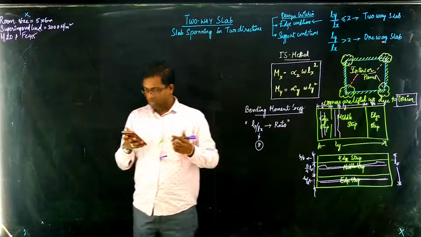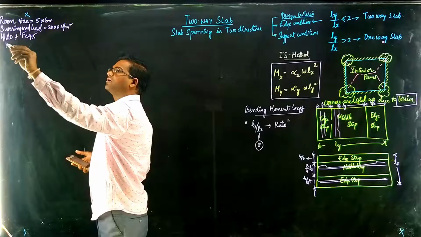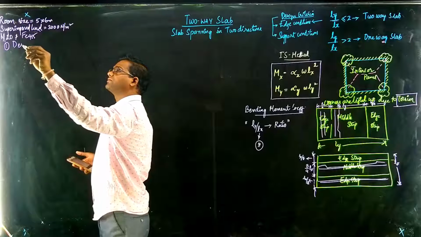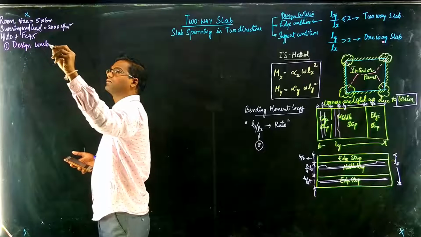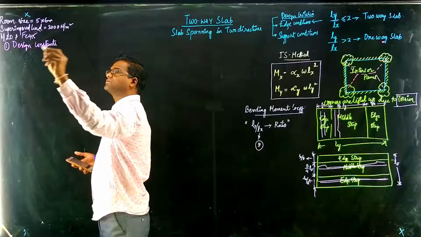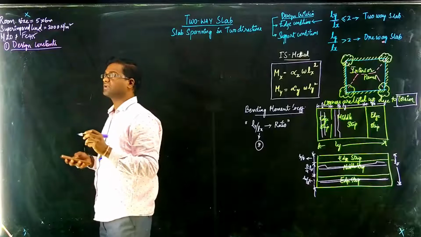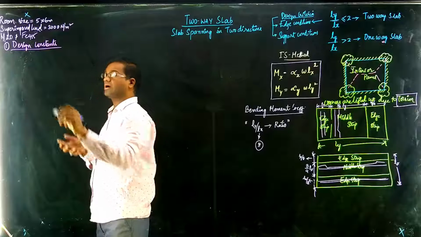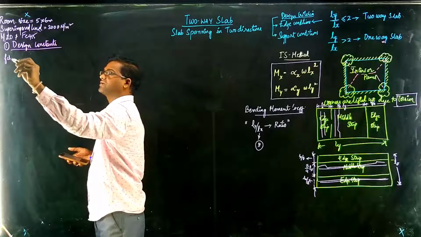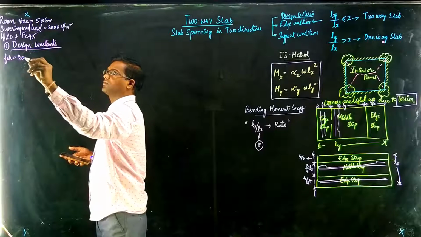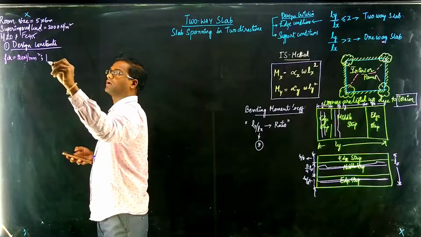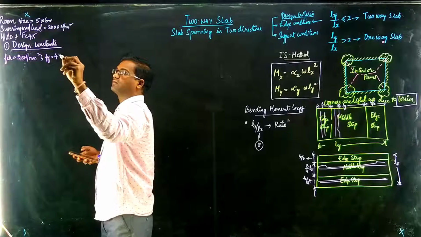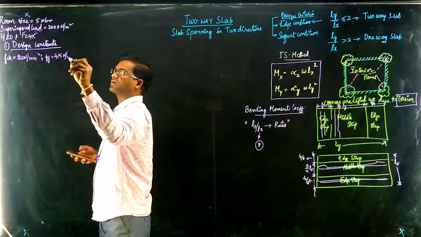Okay. So the first step is to write down the design constants. The design constants for this problem are fck is 20 Newton per mm square and fy is 415 Newton per mm square.